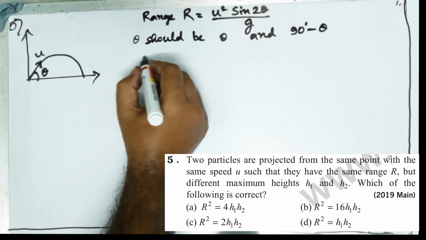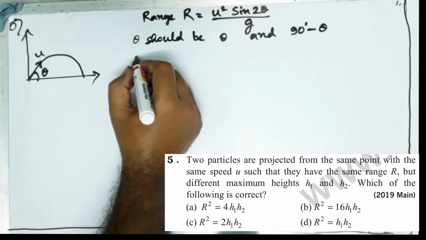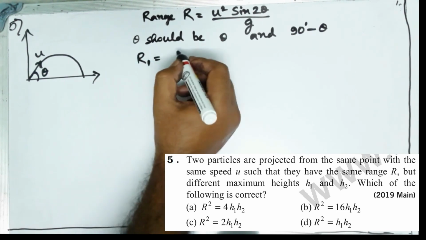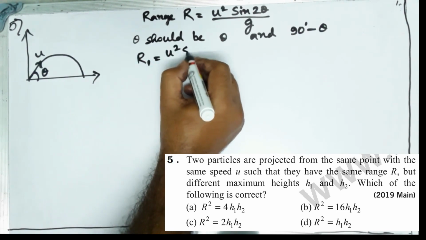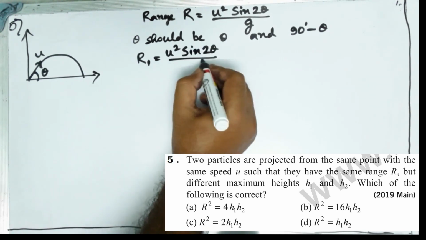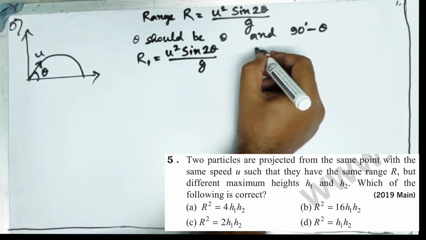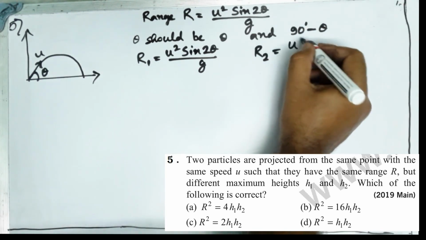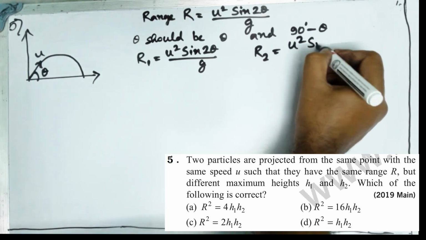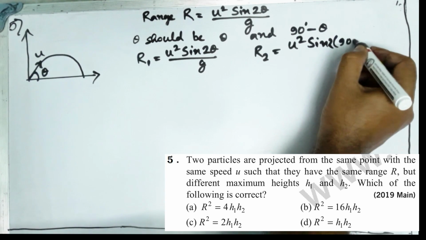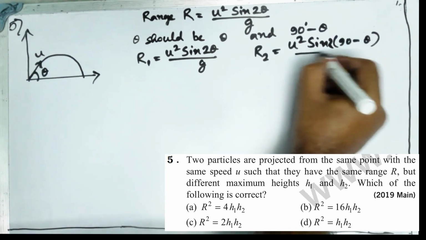Why? Let's put in this value. Let's say the first projectile's range is R1, which gives us u square sine 2 theta by g, and for the second projectile, let's say the range is R2, then R2 gives us u square sine 2 into 90 degree minus theta by g.